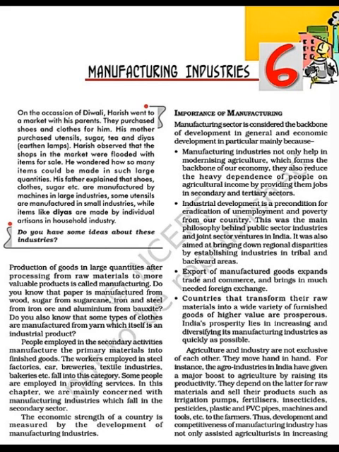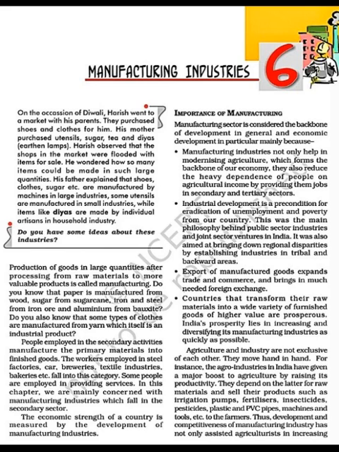So, students, a place where primary goods, that is raw material, are converted into finished products using machines are called manufacturing industries. So, the primary good which is coming from the primary sector, that is agriculture, that is raw material, is converted into finished goods or finished products using machinery and other sophisticated processes. These are called manufacturing industries.